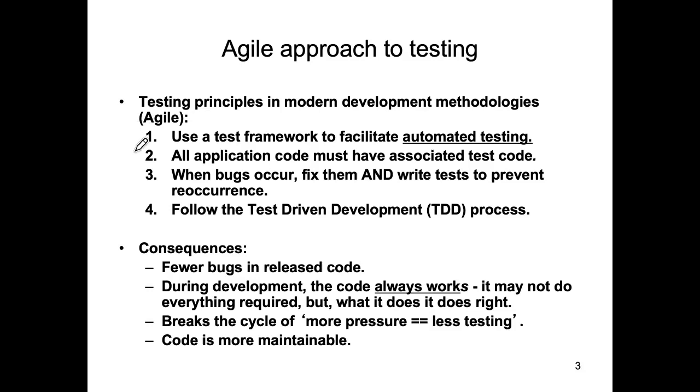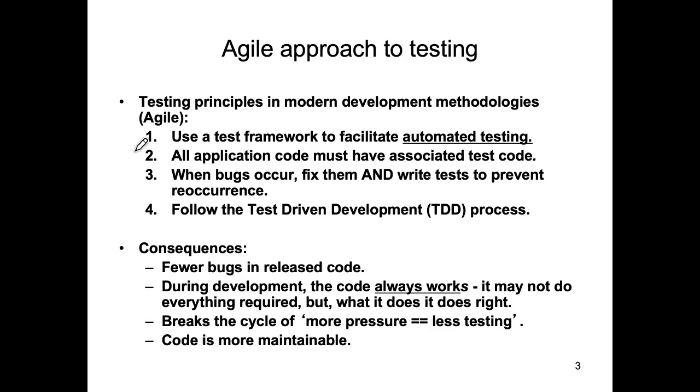Point number 2, all application code must have associated testing code. What it really means is that for each piece of application software that you write, you've got to have a corresponding piece of testing software. So you're essentially developing 2 streams of code, your application code and your testing code. And that's not an insignificant point to make, right?